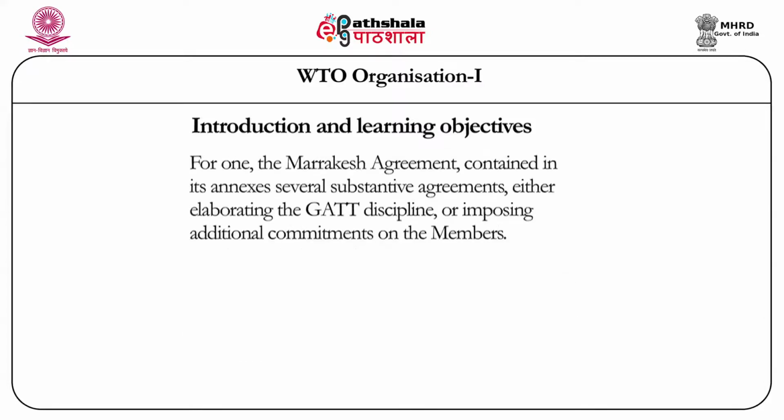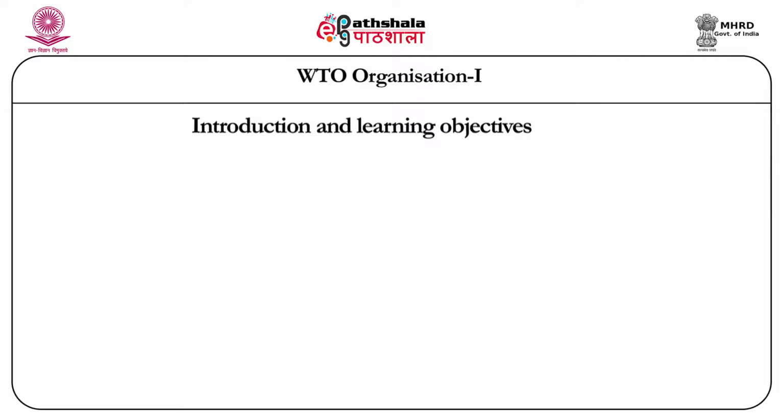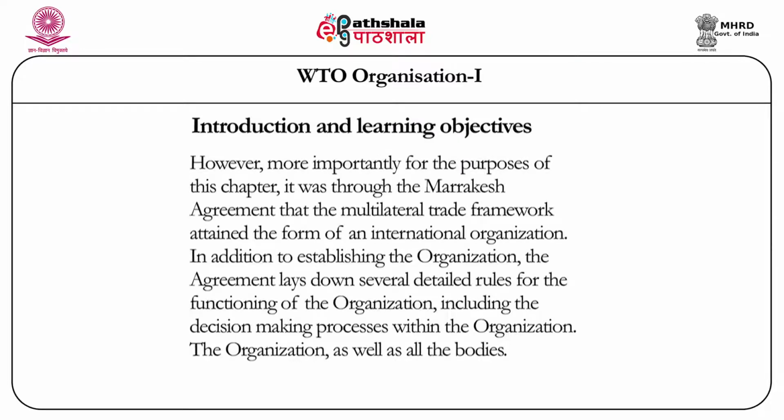For one, the Marrakesh Agreement contained in its annexes several substantive agreements, either elaborating the GATT discipline or imposing additional commitments on its members. However, more importantly, for the purposes of this chapter, it was through the Marrakesh Agreement that the multilateral trade framework attained the form of an international organization.